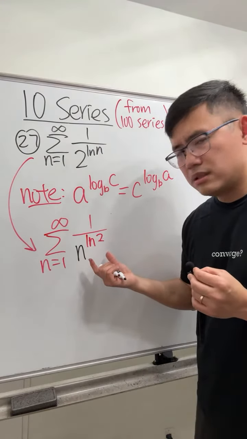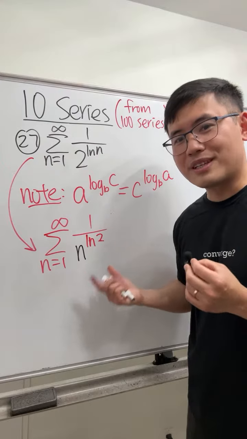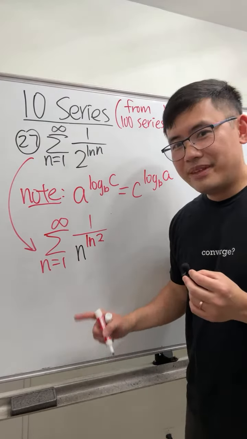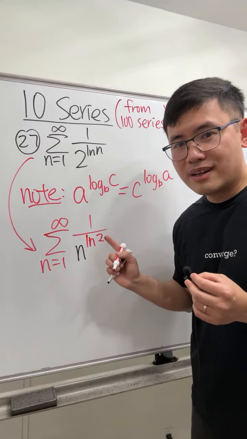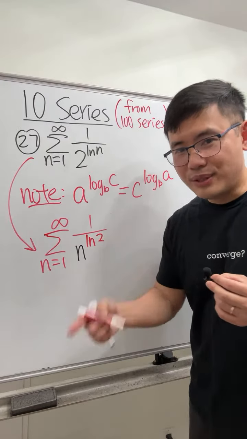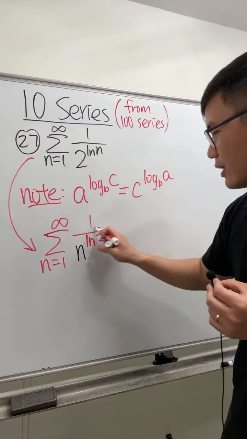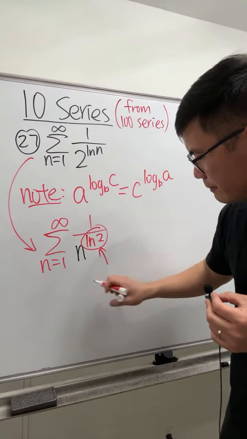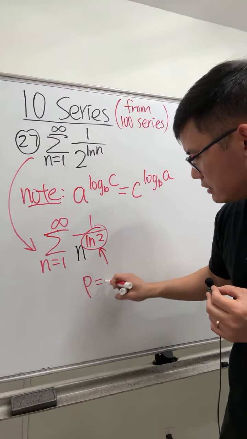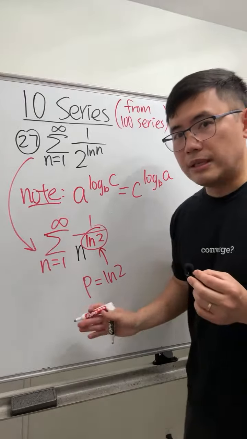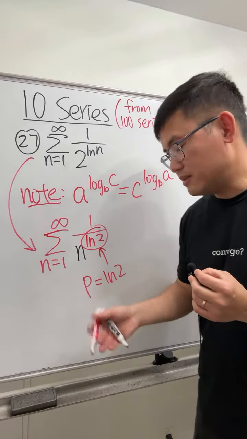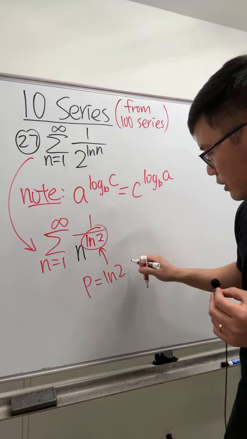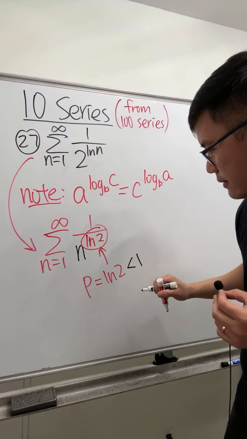So now what? What's the conclusion for this? Is it n to some power? ln 2 is less than 1, yes. So, ladies and gentlemen, here, p is natural log of 2, which is about 0.693. More importantly though, you mentioned that is less than 1.